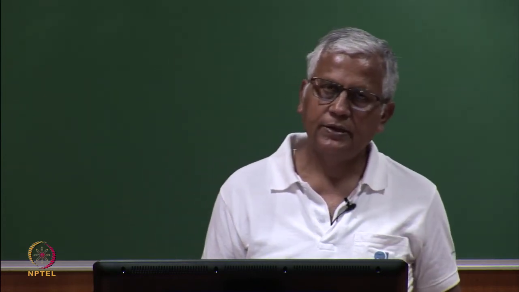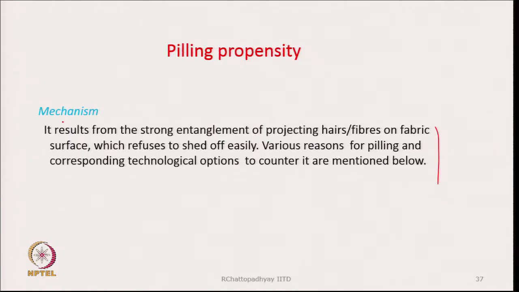So, if it is the case of peeling, then the mechanism of peeling has been stated, where it is because of entanglement of projecting hairs on the fabric surface, which refuse to shed off. These are three things. One, there has to be an availability of fibers projecting out from the fabric surface.